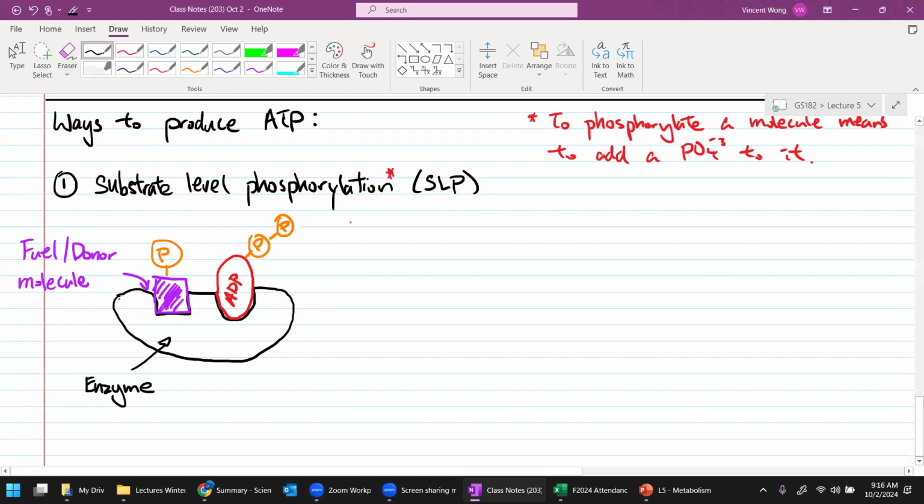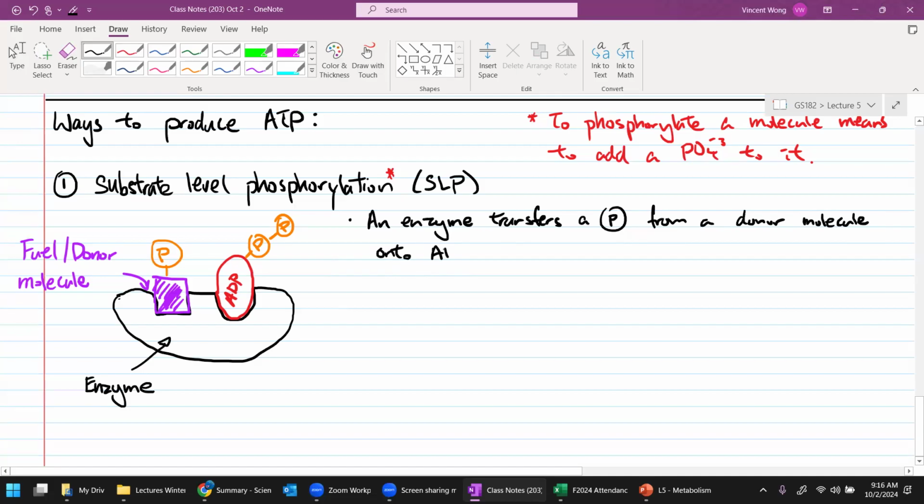Okay, substrate level phosphorylation is where an enzyme transfers a phosphate from a donor or fuel molecule, doesn't matter what you want to call it, onto ADP to create ATP.